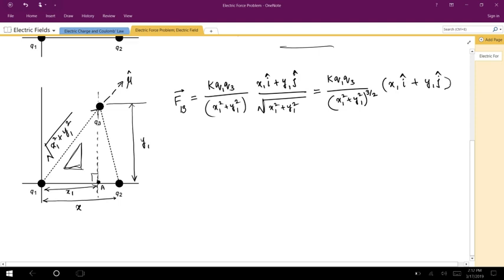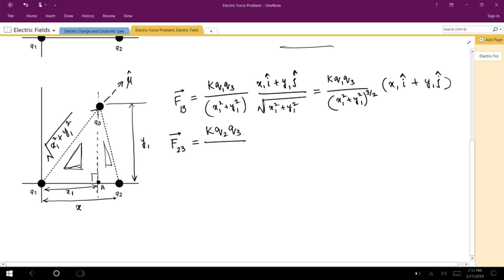Okay, the next task is to find F23. This force vector is going to depend on the two charges Q2 and Q3. So we have K, Q2, Q3. And this time the distance is the hypotenuse of this other triangle, triangle A Q3 Q2.